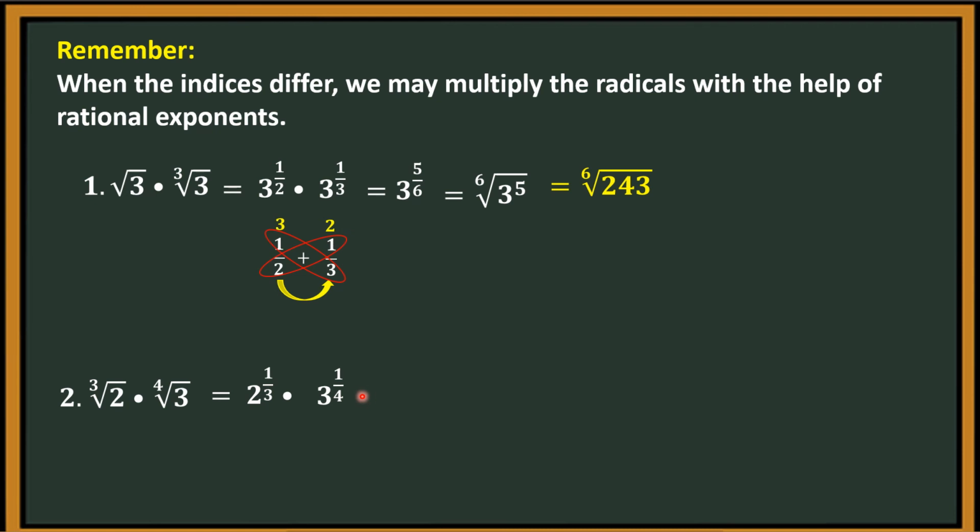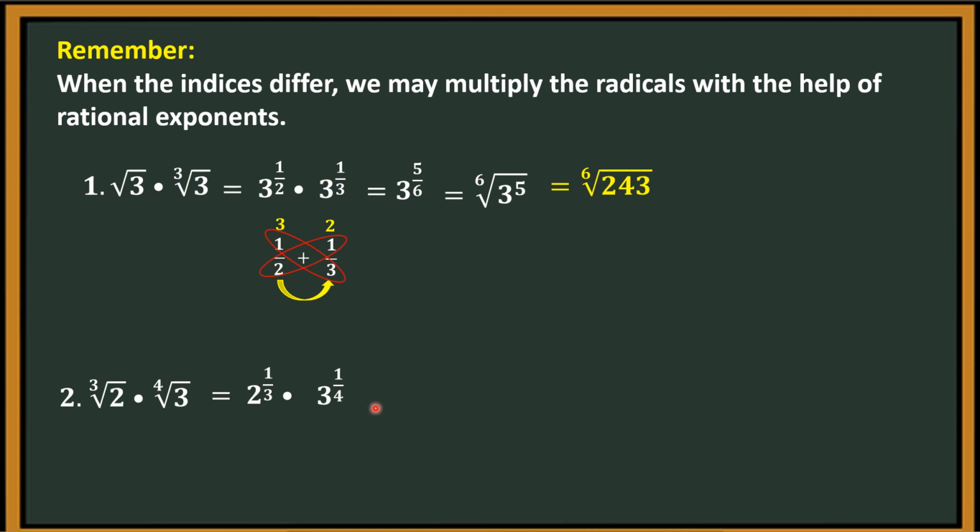Then, this time, mapapansin nyo, magkaiba sila ng base. So, ang gagawin lang natin, we have to change this exponents or yung fraction natin, kinakailangan lang ng similar fraction. So, kapag ginawa natin silang similar fraction, kunin lang natin ang LCD. We just multiply yung 3 at saka yung 4.